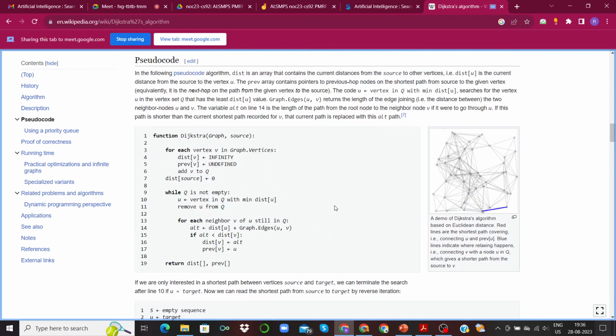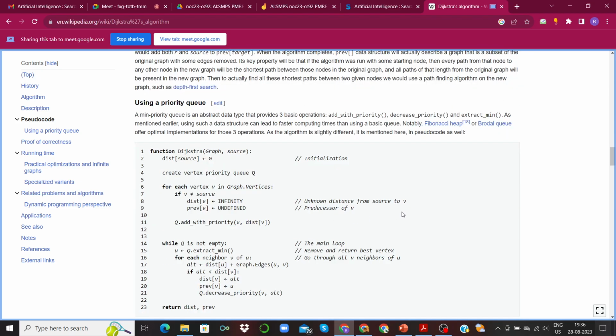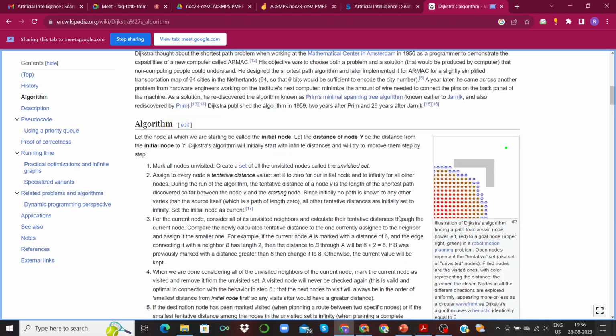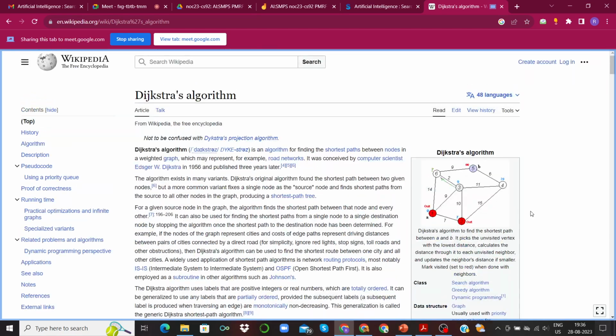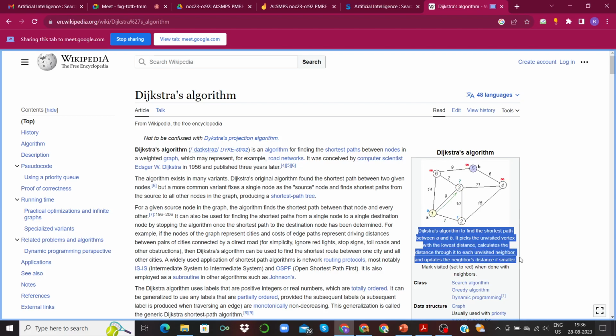Okay, you have the pseudo code and everything given over here, and the Dijkstra's algorithm to find the shortest path between A and B. It picks the unvisited vertex with the lowest distance, calculates the distance through it to each unvisited neighbor, and updates the neighbor's distance if smaller.